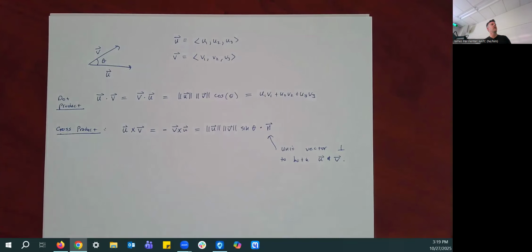But really, that's not super useful if you're trying to actually calculate the cross product of two vectors. So there's a long way which you're almost never going to use. There's two more calculations here for calculating a cross product.